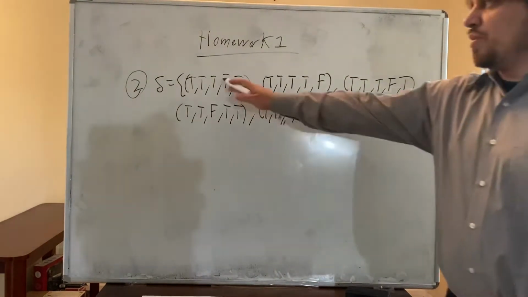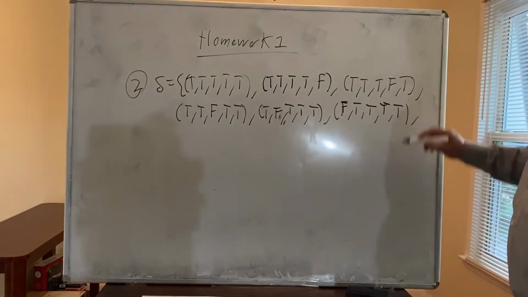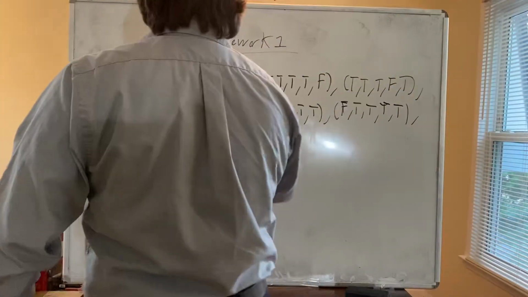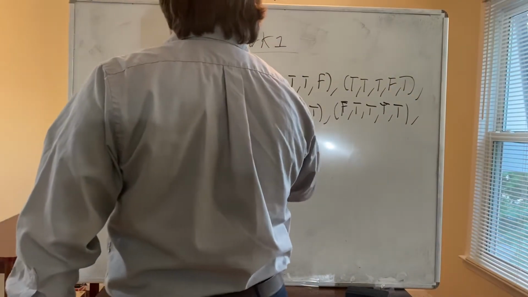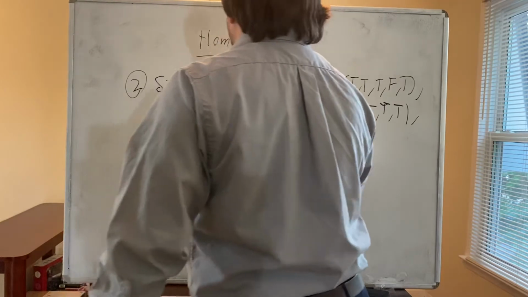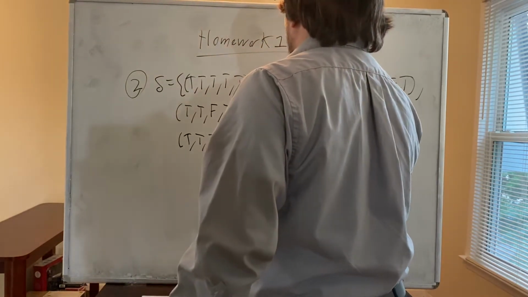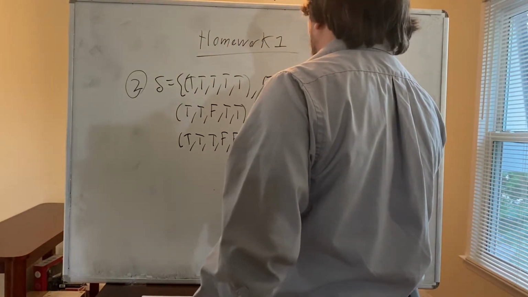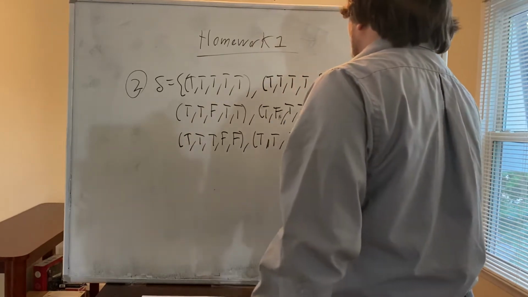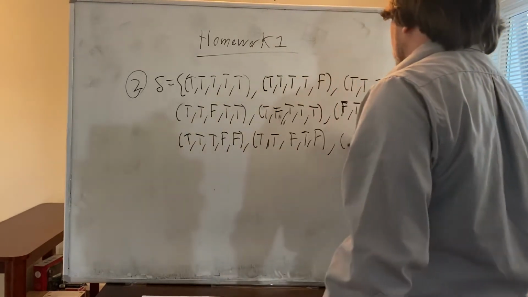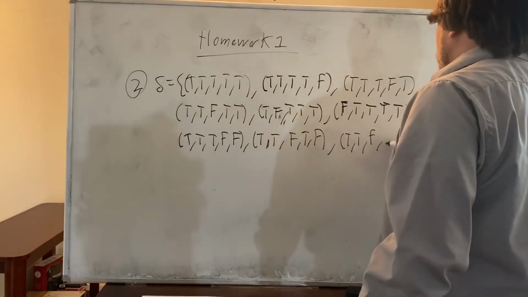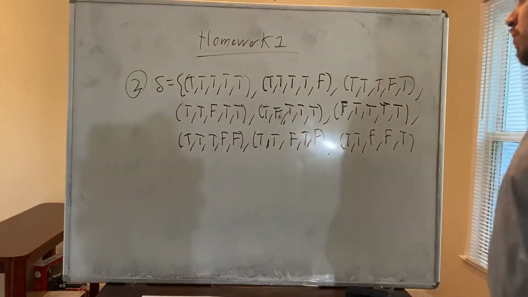So first there were 0 falses. These are the 5 where there's 1 false. Now I'm going to do the ones where there's 2 falses. So true, true, true, false, false; true, true, false, true, false; true, true, false, false, true.